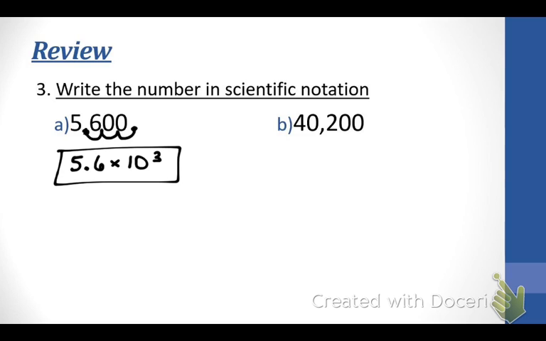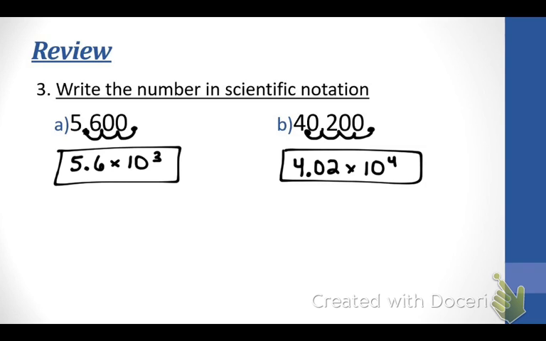Who wants to do problem B for me? Go ahead, Kyla. Alright, so go take the decimal from n and it goes 1, 2, 3, 4. Stop right there. And then you write 4.02 times 10 to the 4th power. That is correct, okay? And box it in. Thank you for remembering. You've got to drop down that 0 right there. Only don't drop down which zeros? The ones at the end.